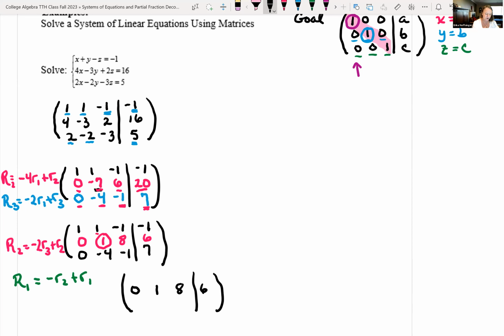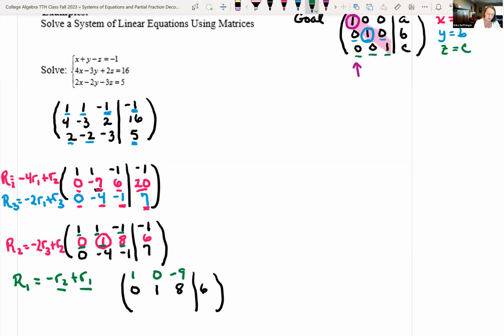Let's look at our new row 1. So I'm looking at negative row 2 plus row 1. So negative times 0 is 0, plus 1 is 1. -1 times 1 is -1, plus the 1 above is 0. -1 times this 8 is -8, plus the -1 above gives me -9.